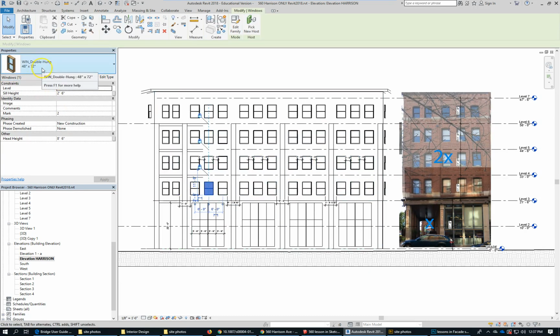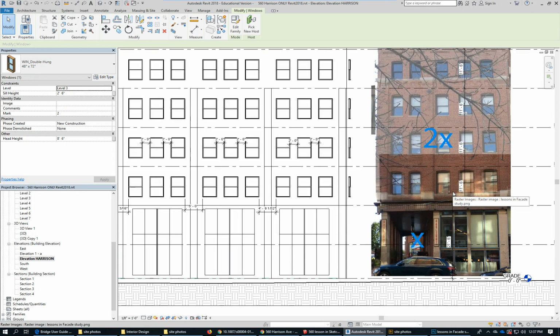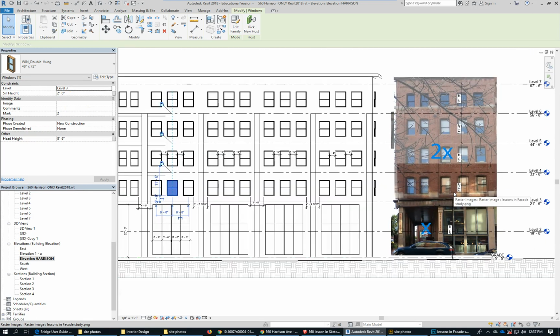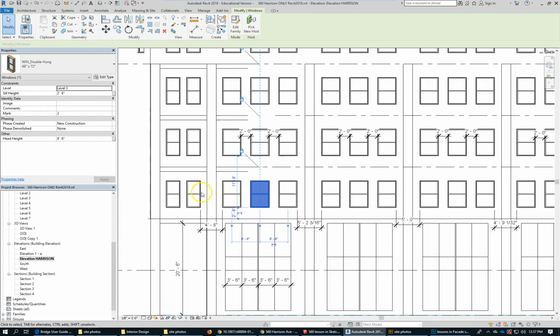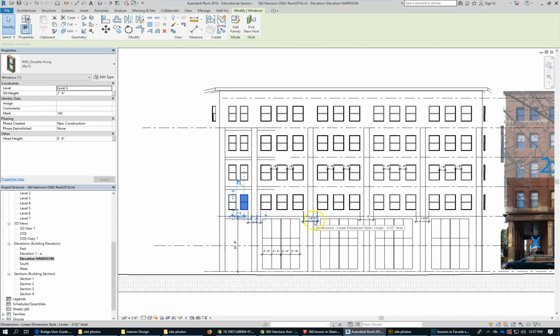So it's 48 by about almost 6 feet in height, and they're very regular intervals. Right, so the narrow window is a 36 by 72, or that's the theory that we propose there.